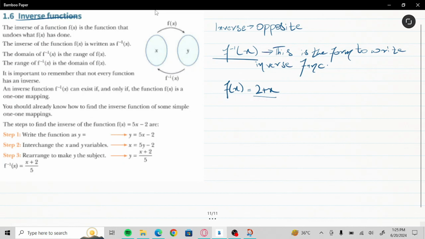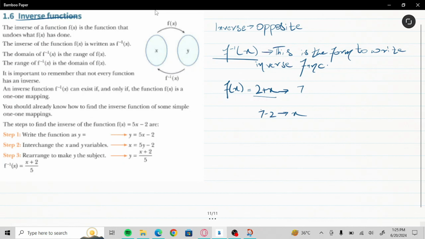Something is being added to x, and that addition causes our answer to become something like 7. So what will make 7 go back to the original x value? That's minus 2. If we say x minus 2, or if you are getting confused, we can say 7 minus 2, we will again get the value of x.